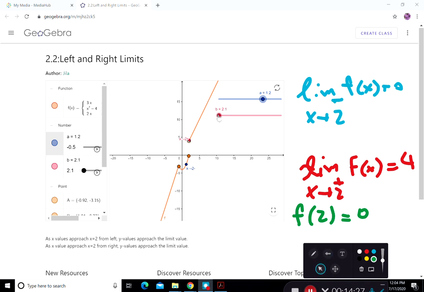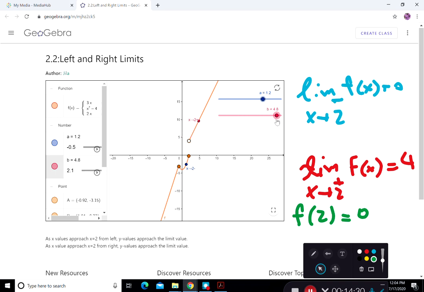So for the right limit, again, the point is traveling on the graph of the function as x is decreasing, and it arrives at this empty spot.